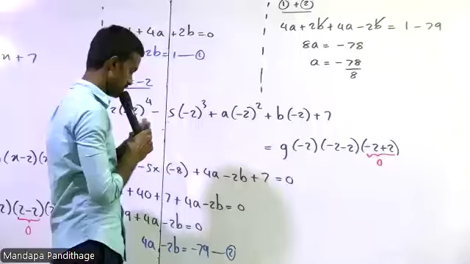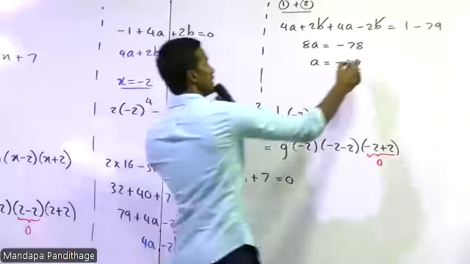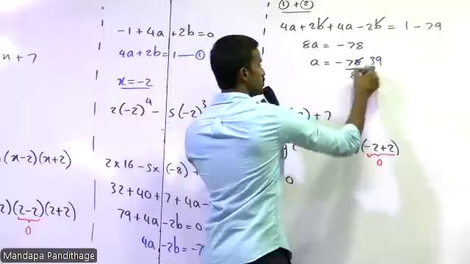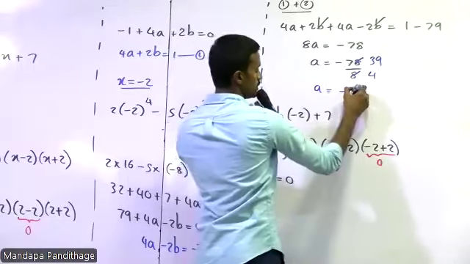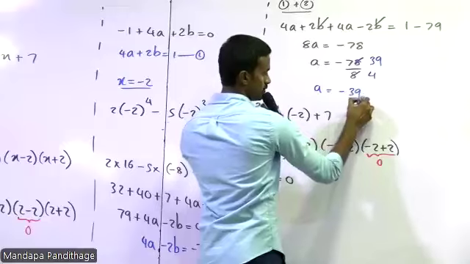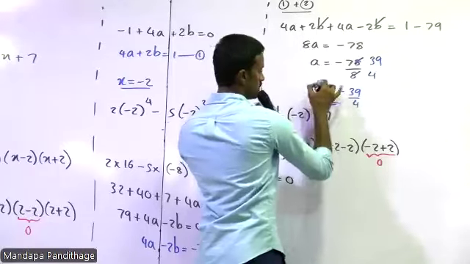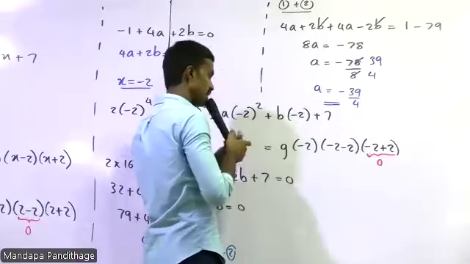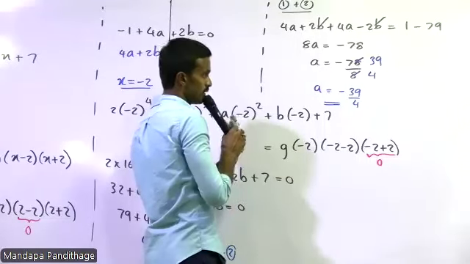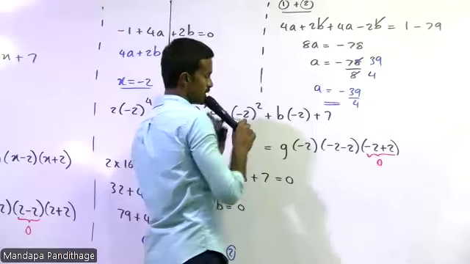Okay, so when you simplify, there are 39 twos and 4 twos, so the answer is minus 39 over 4. Clear? If you do the simplification properly, you should get a is equal to minus 39 over 4.